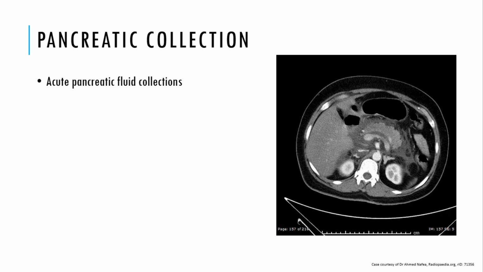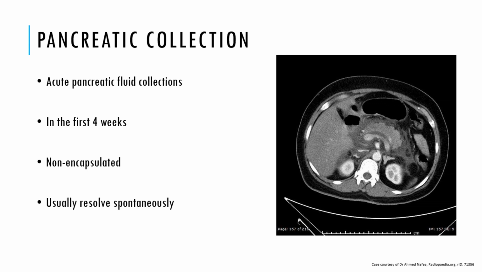Typically on the CT scan, if the patients have an early imaging, the radiologist will tell you that there is a lot of pancreatic edema with peripancreatic fluid. Usually this happens within the first few weeks, and the fluid is not organized or encapsulated.